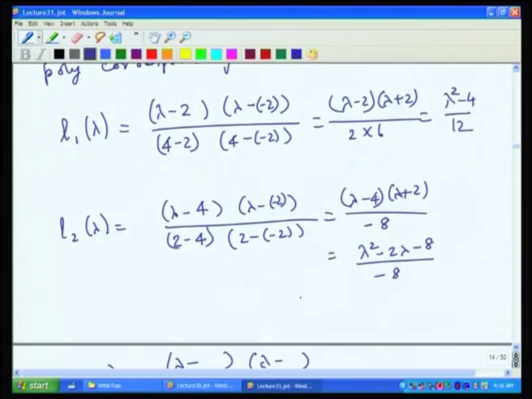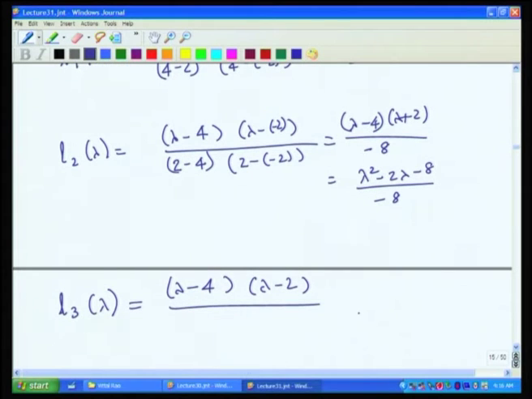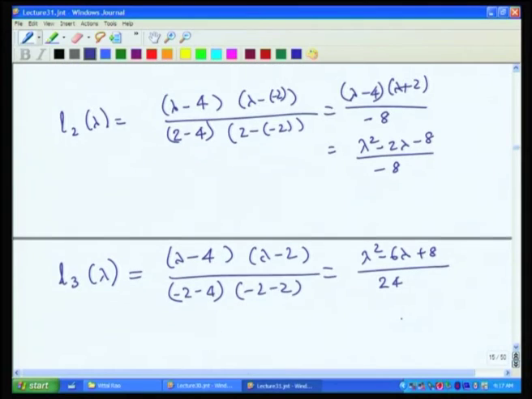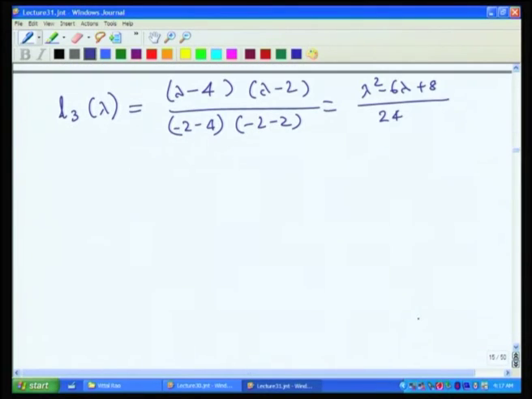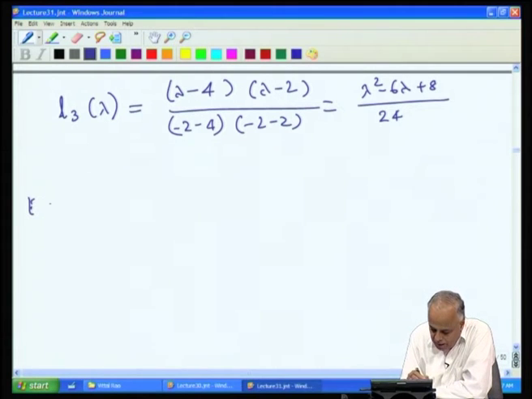So, you put the first ones, 4 and 2, and then in the denominator replace the lambda by the third eigenvalue, which is minus 2, which is equal to lambda squared minus 6 lambda plus 8 divided by minus 6 into minus 4, so it is 24. Whatever the simplification, we have got these three Lagrange interpolation polynomials. Let us look at another example.